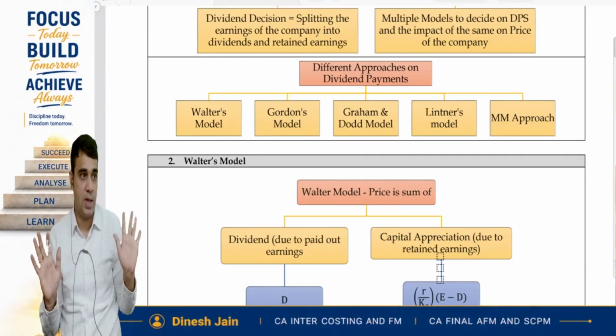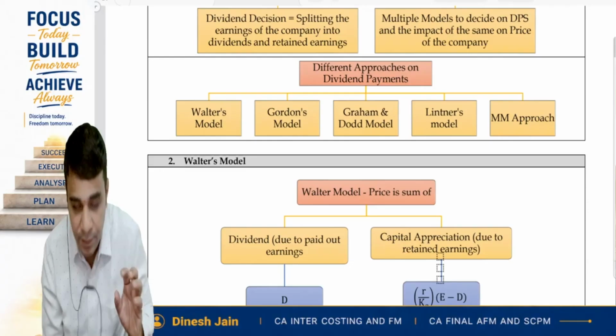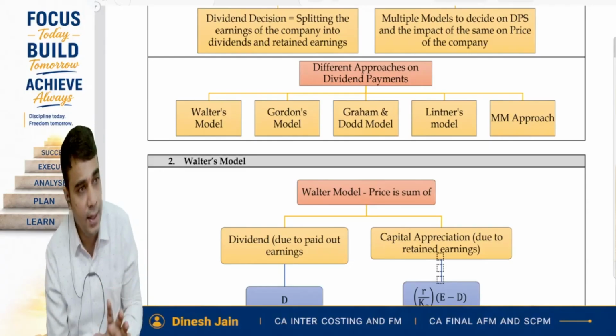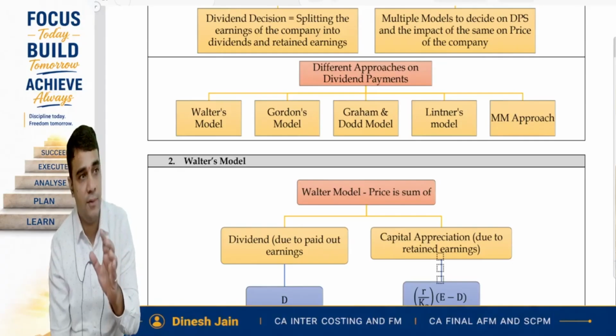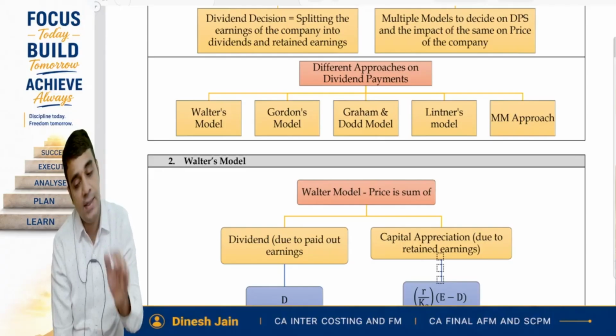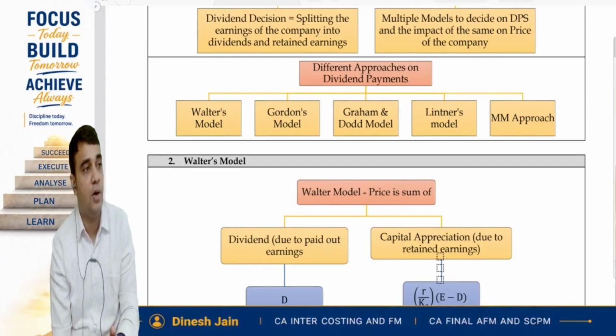This is the broad start: there are 5 models. Certain models are saying the value of the company or value of the share will be impacted with the payment of dividend, and certain models are saying no, value will not be impacted with the dividends paid.